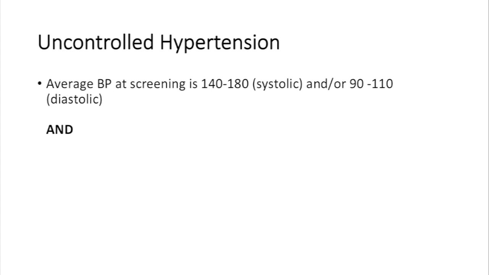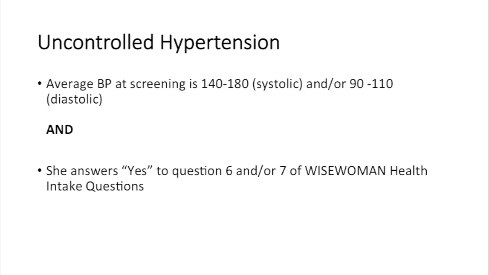All right, so what is uncontrolled hypertension? If a woman has an average blood pressure at screening that is 140 to 180 systolic and/or 90 to 110 diastolic, then that's the first condition that has to be met. The second condition is that she answers yes to questions 6 and/or 7 of the WISEWOMAN health intake questions.